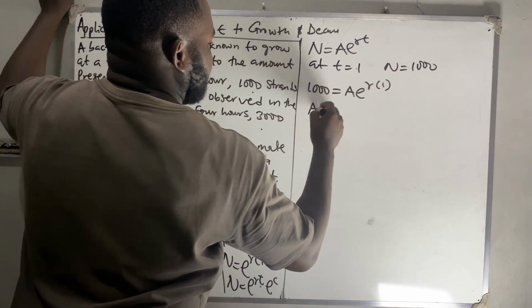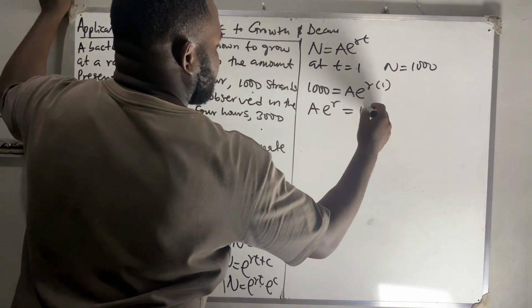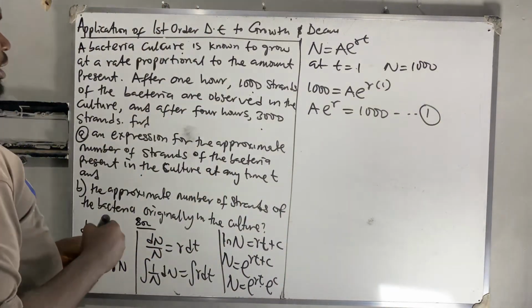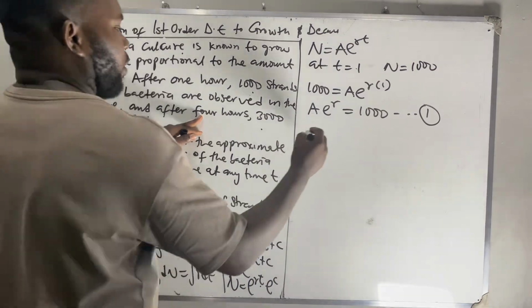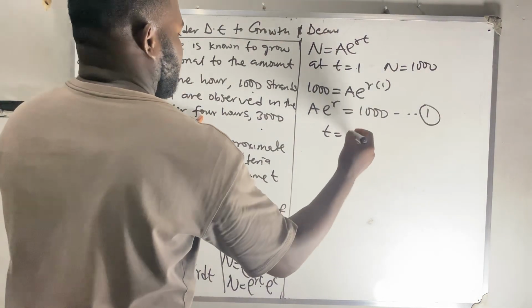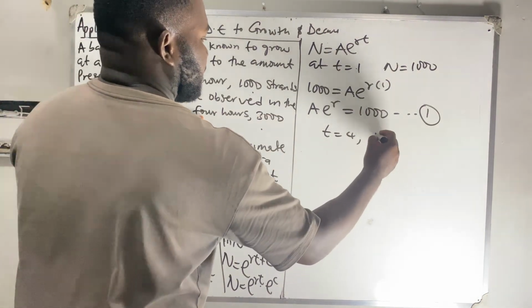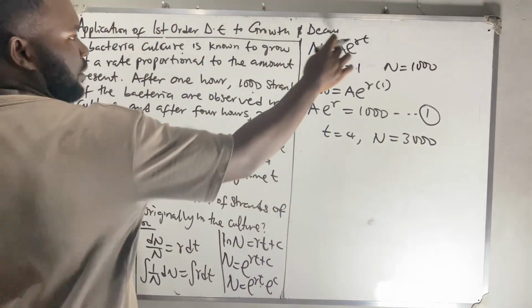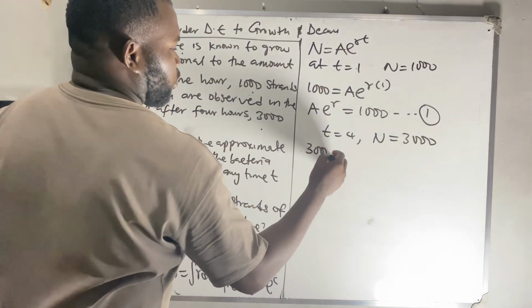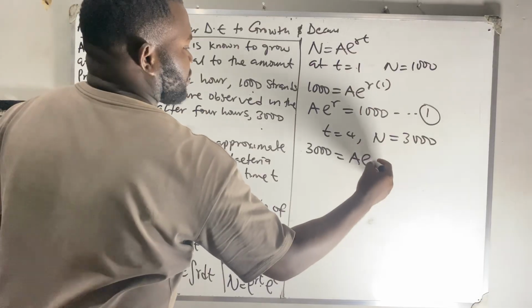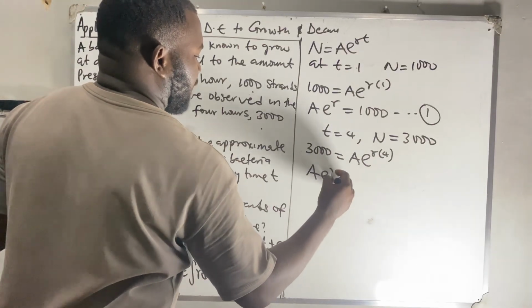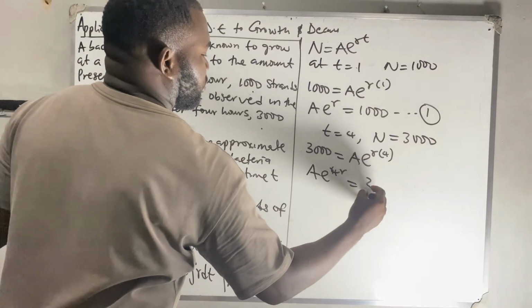So A e^r is equal to 1,000. Let me call this equation 1. Then they said another thing, that when t is equal to 4, N is equal to 3,000. So using the same formula, 3,000 is equal to A e to the r into 4. So A e^(4r) is equal to 3,000.